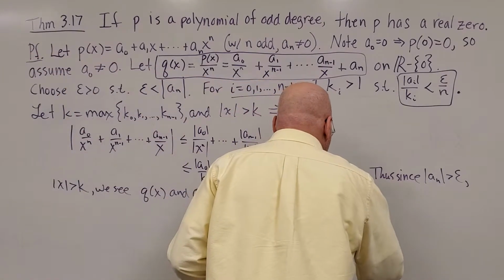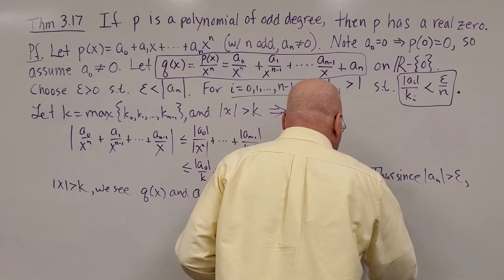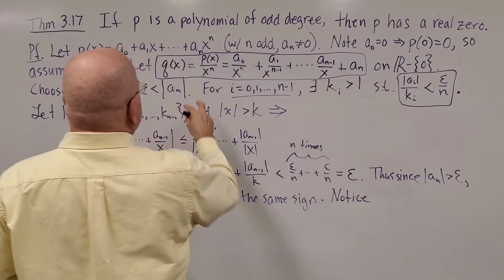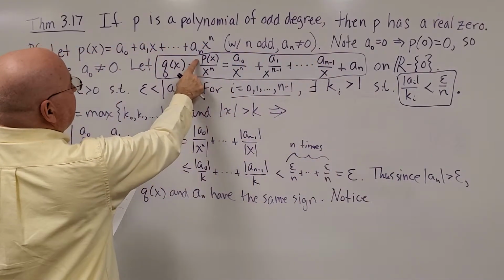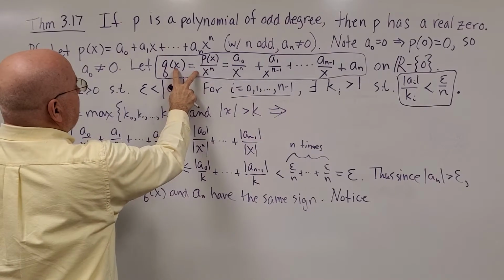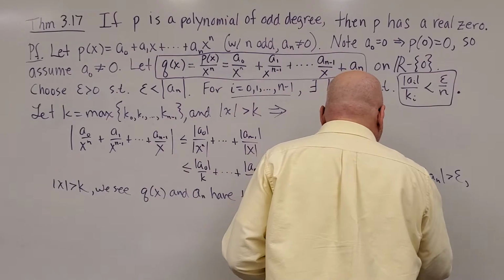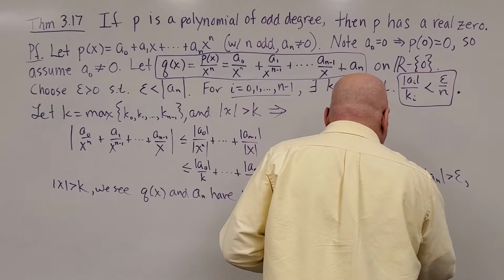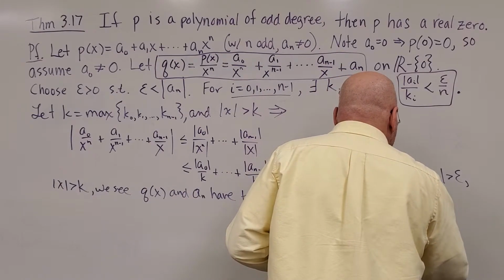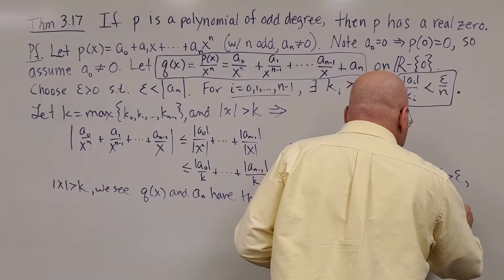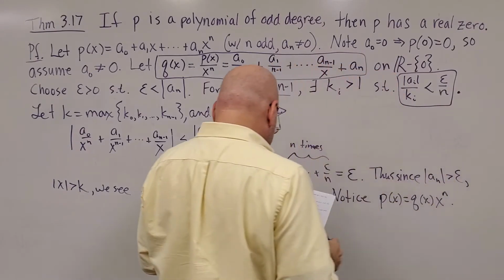Notice we could write this like P of x is equal to Q of x times x to the n. P of x is equal to Q of x times x to the n power.